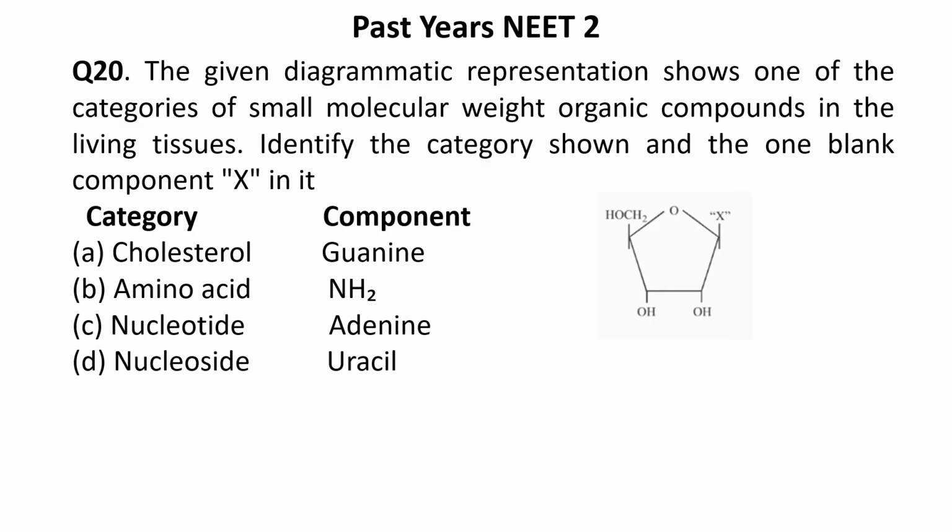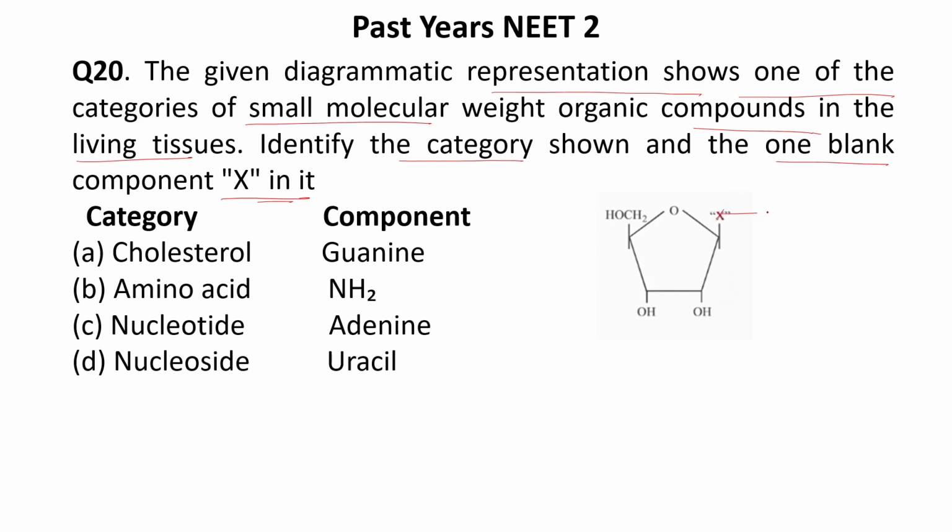Next question. The given diagram representation shows one of the categories of small molecular weight organic compounds in the living tissue. Identify the category shown and the blank component X in it. Here we can see one blank component. This is a sugar and X is what?